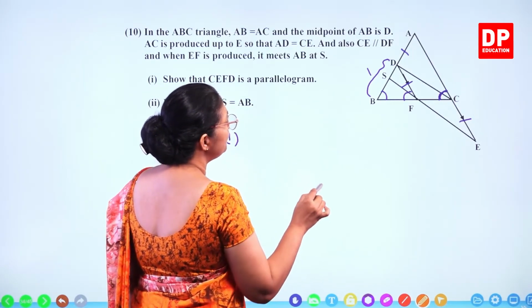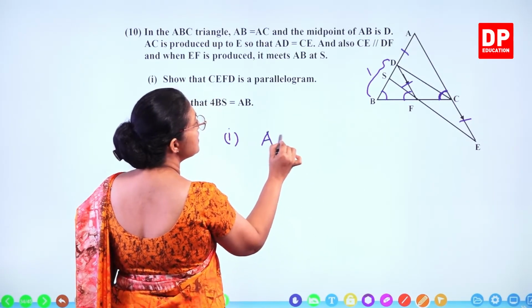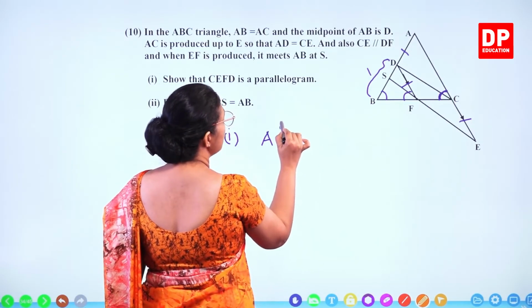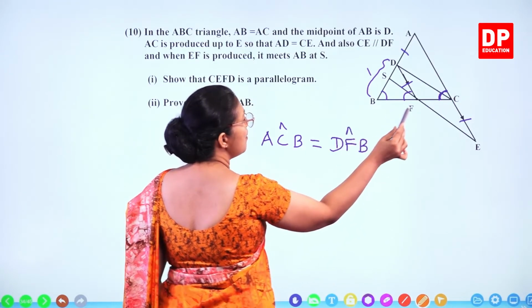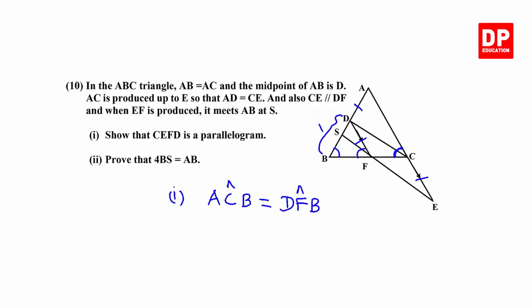First we'll write down ACB angle is same as DFB angle because corresponding angles are equal.